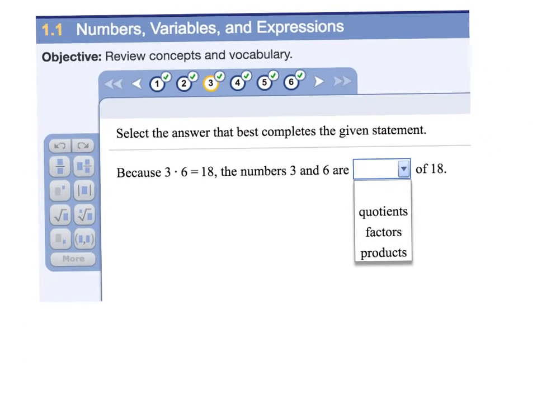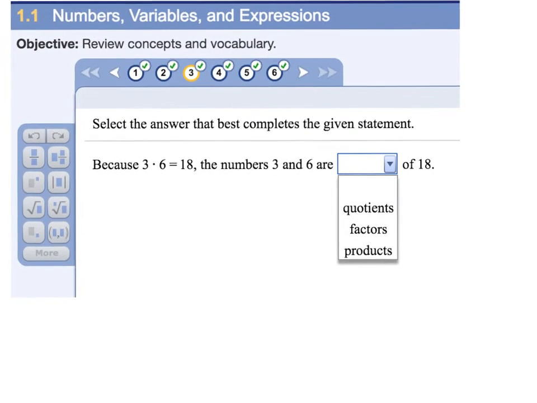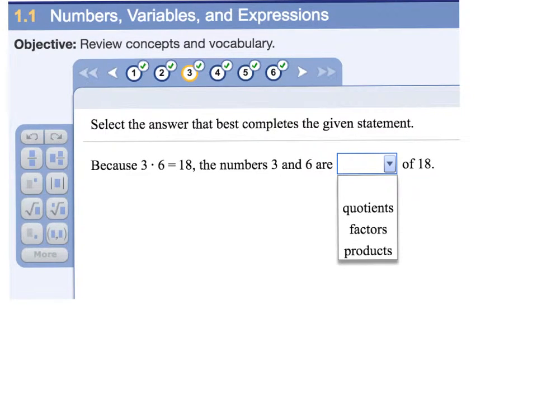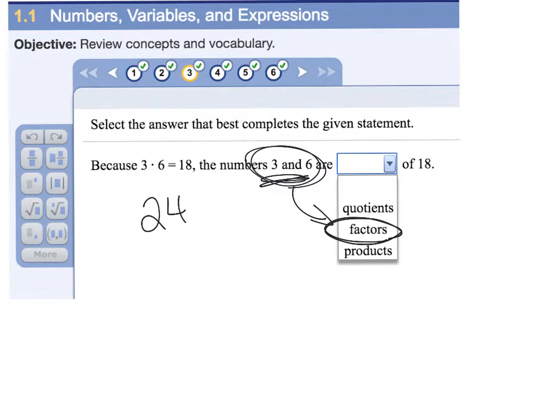Select the best answer that completes this statement. Because 3 times 6 equals 18, the numbers 3 and 6 are called factors of 18. So if you have, say, 24, it can be written as 8 times 3, or 6 times 4, or 2 times 12.